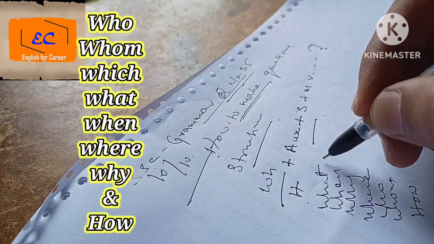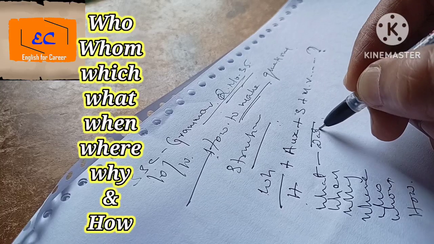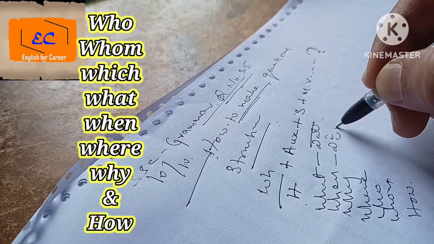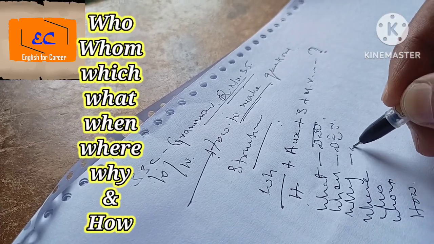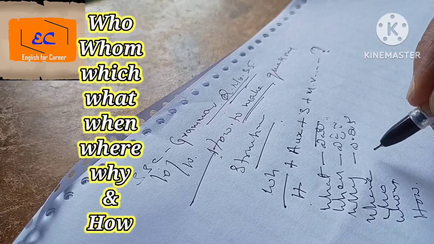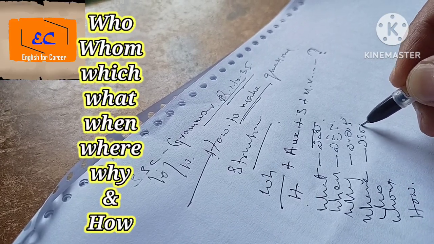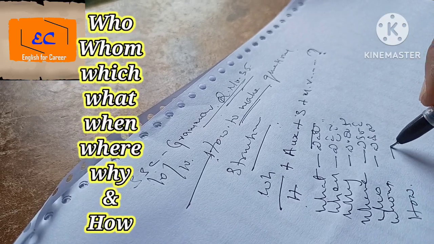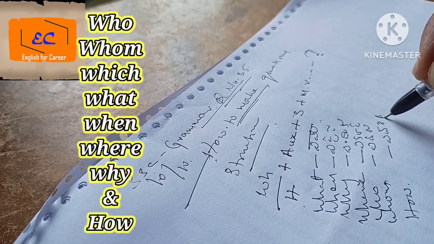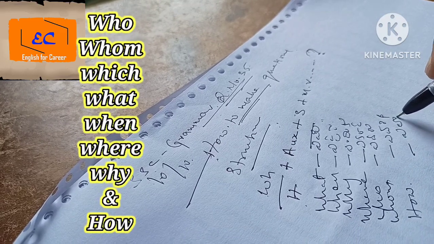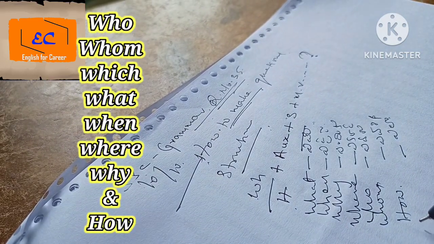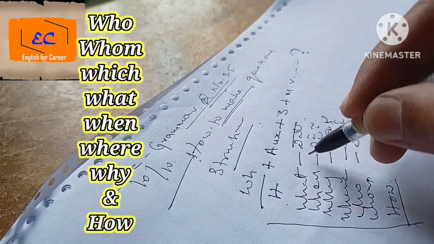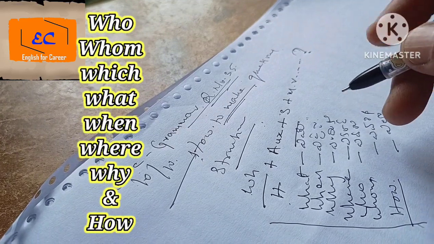What means Yemi, when means Yappudu in Telugu, why means Yanduku, where means Ekkada, who means Yavaru, whom means Yavarini, how means Yala. So when you make a question, you need to understand these W words and their meanings. As per that, you can prepare the question.